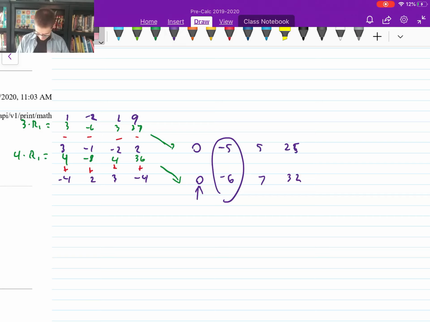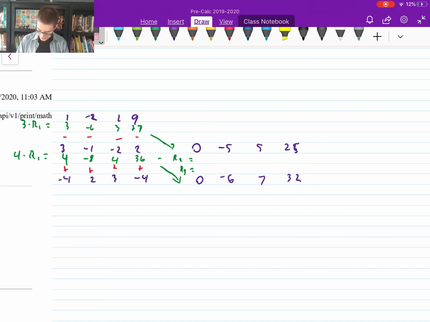All that to say, sometimes it's good to just go by the system and multiply -5 by 6 and -6 by 5. So we'll do -5 times row 2 and -6 times row 3. Oh, no, let's switch it around.